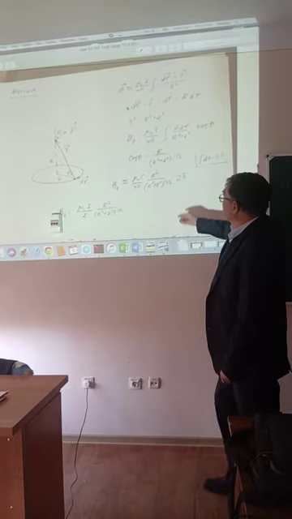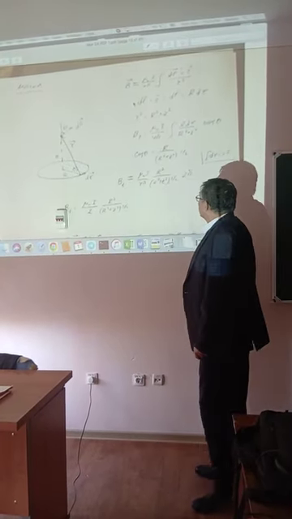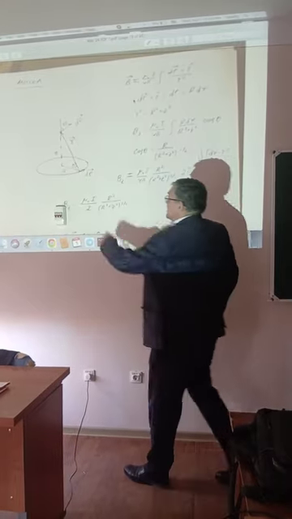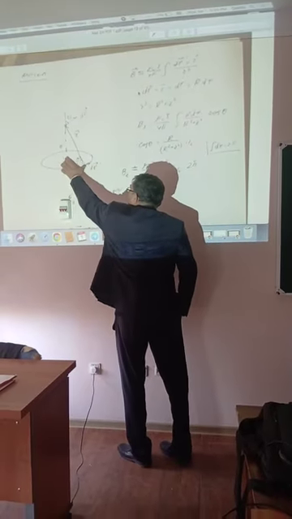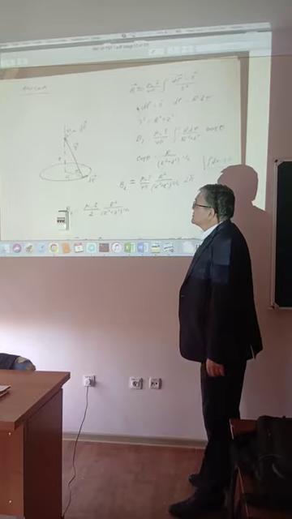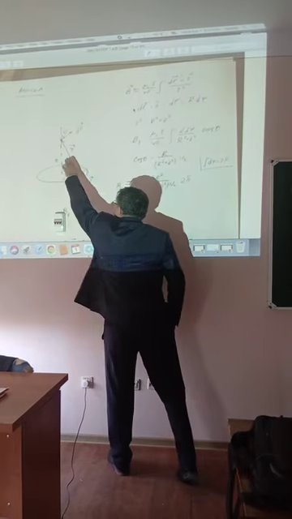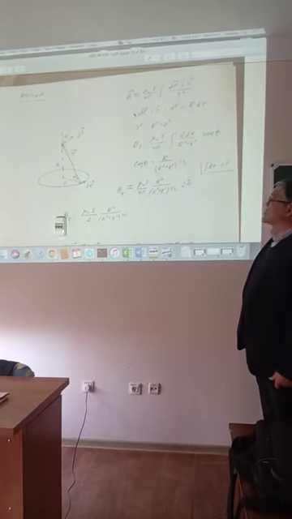So cos theta is equal to r divided by the square root of r squared plus z squared, because this theta angle is equal to this angle, and cos theta of this angle is the adjacent side of this triangle, which is r, over the hypotenuse, which is the square root of r squared plus z squared.